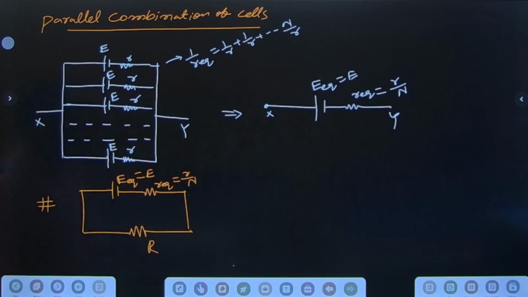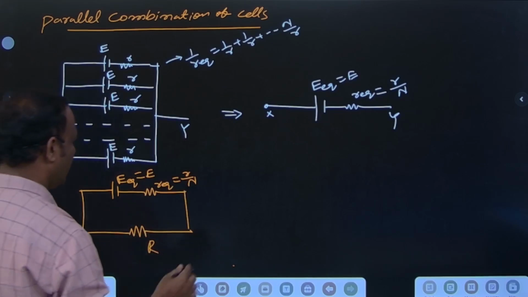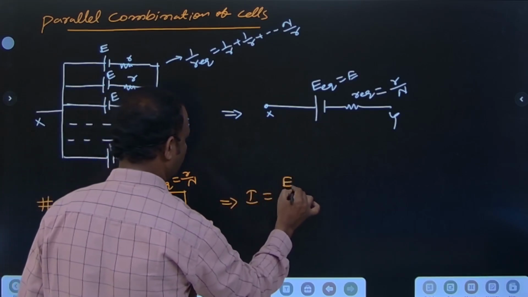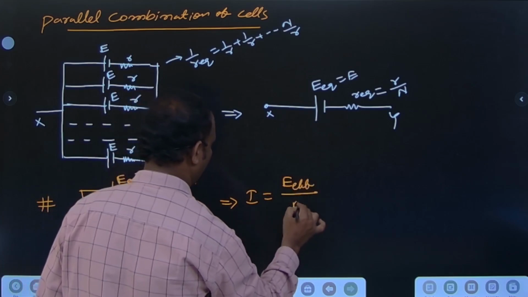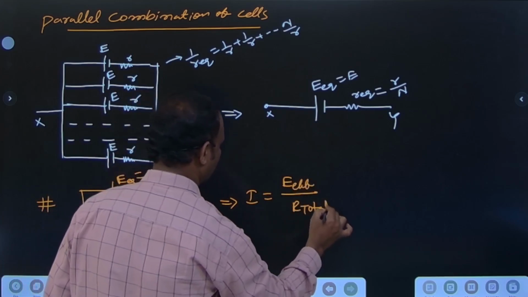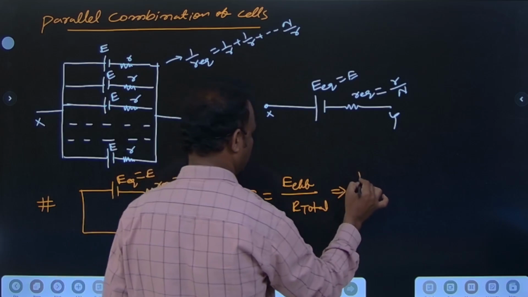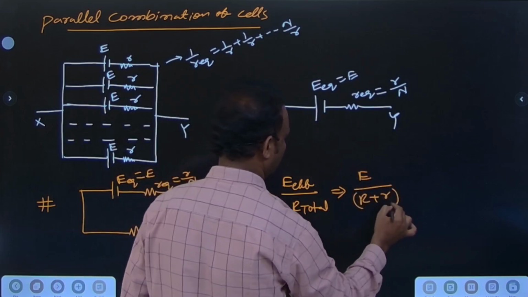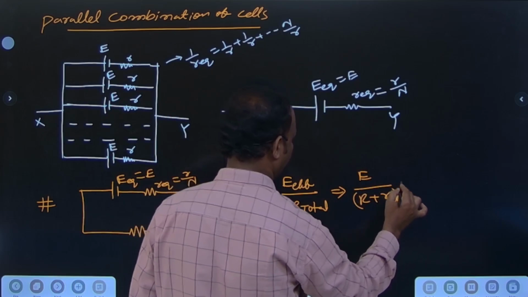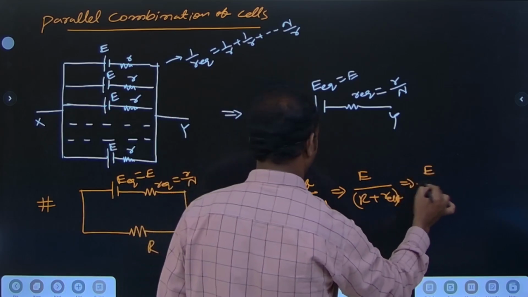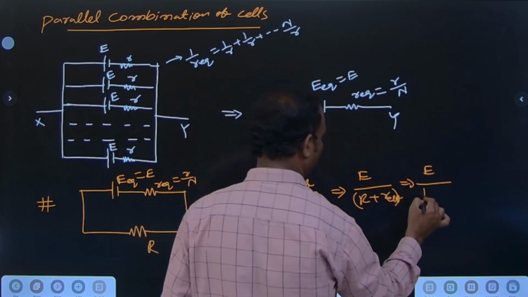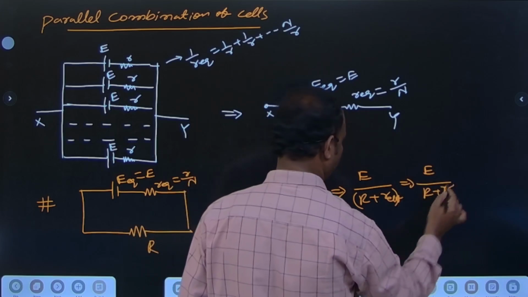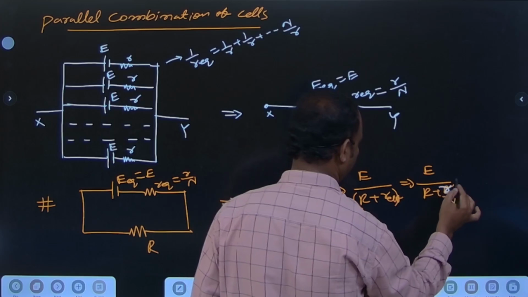So now the current I is equal to E effective by R total. So E effective is E, and R total is R plus the internal resistance r by n, the small letter r by n.